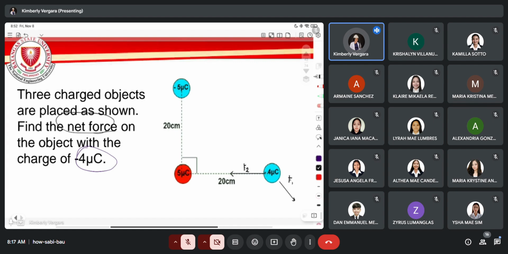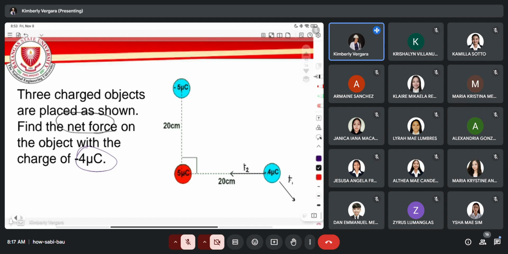So, we must consider the direction when adding the forces. Dahil ganito po yung ating magiging direction both for F1 and F2, meaning we must use the FPD. Kaya hindi natin pwedeng direct lang i-add yung makukuha nating F1 and F2.